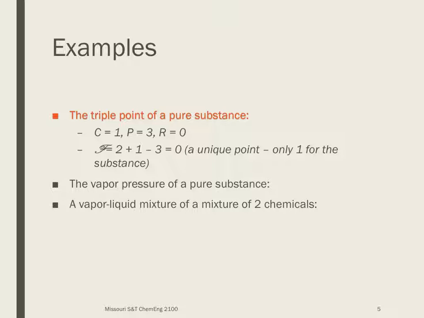I would be able to, just based on that knowledge, tell you what the density was of the liquid, or any of the intensive variables for any of those phases. Nature does all the determining for me. So I don't get to specify anything at the triple point of a pure substance. Nature does it all.